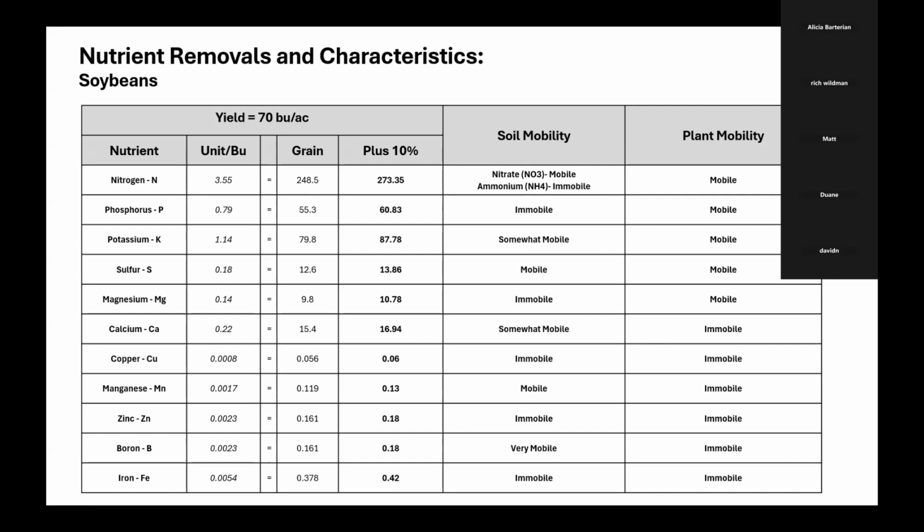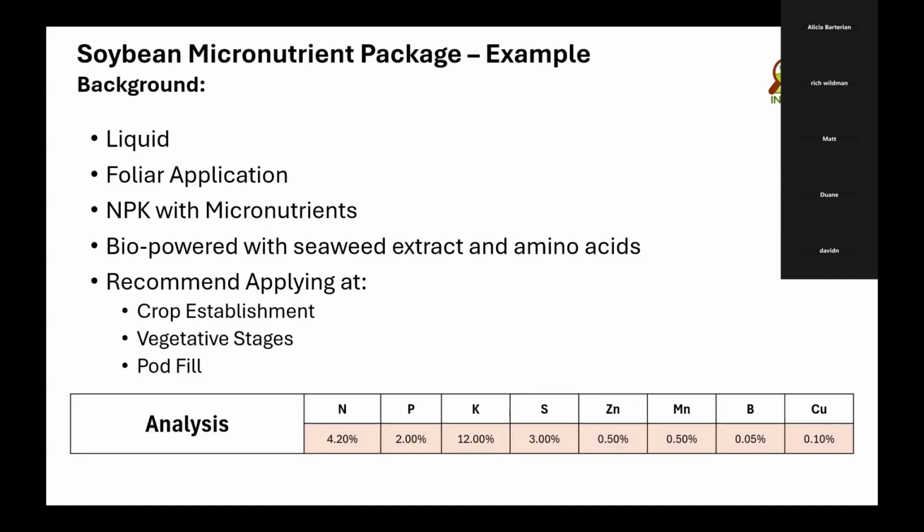We should not be putting an emphasis on these micros for making sure our macros are taken care of. That's not what they're for. Same thing with secondaries. These should be built out in a program as well. What we want to focus on are these micros here at the bottom of the chart.